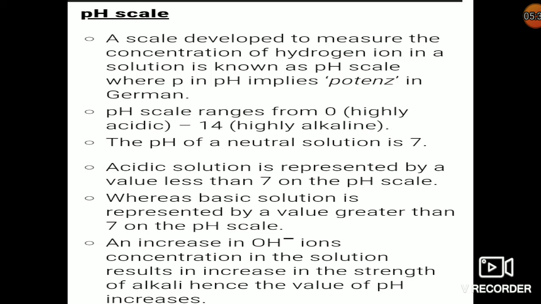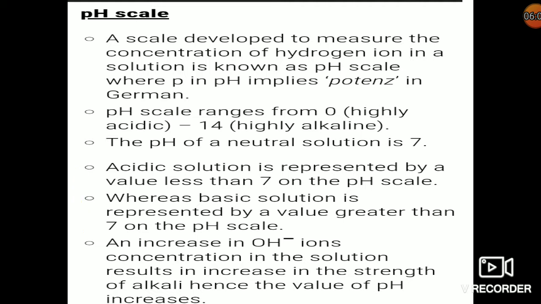Third point, the pH of a neutral solution is 7. If a solution is neutral, that means neither acidic nor basic, then we can expect its pH to be 7. An acidic solution is represented by a value less than 7 on the pH scale, whereas a basic solution is represented by a value greater than 7.